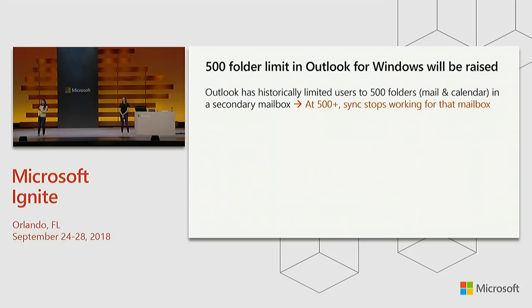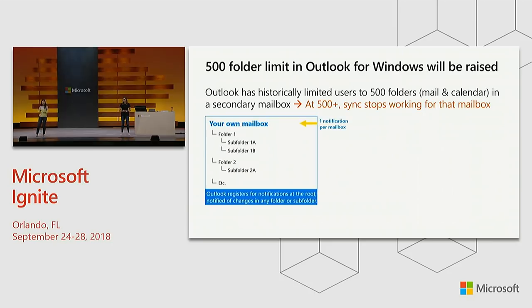As many of you know, Outlook historically has limited users to 500 folders between their mail and calendar folders in a secondary mailbox. And then after 500, sync becomes really unreliable and sometimes stops working for that mailbox. I wanted to give you a little explanation, since this is a technical session, about why we hit that limit.